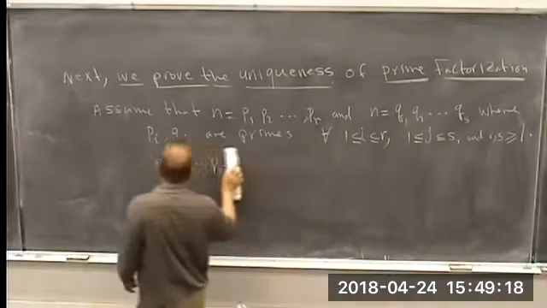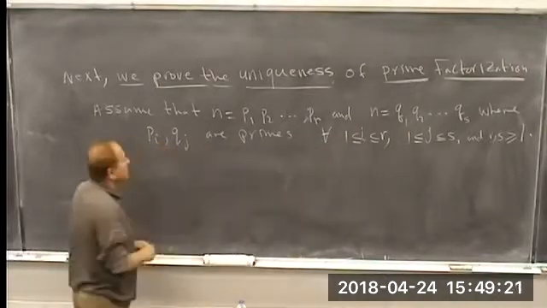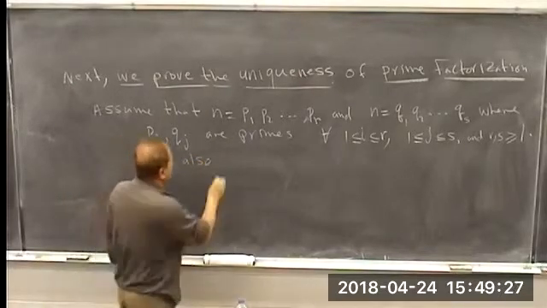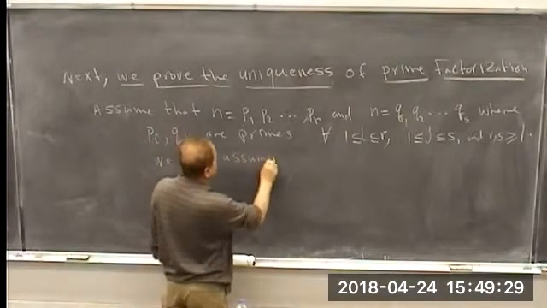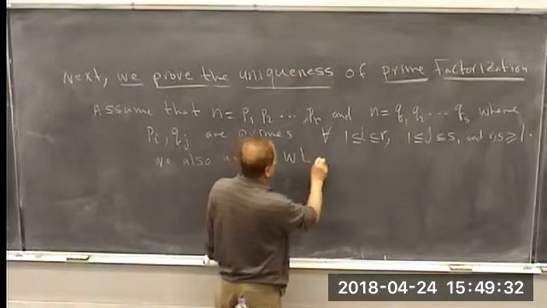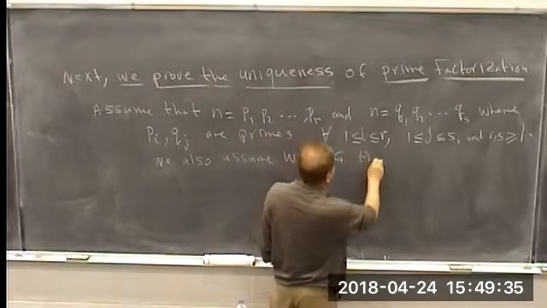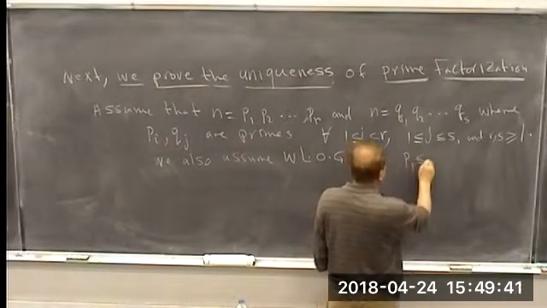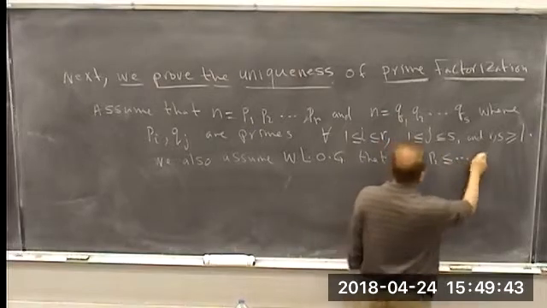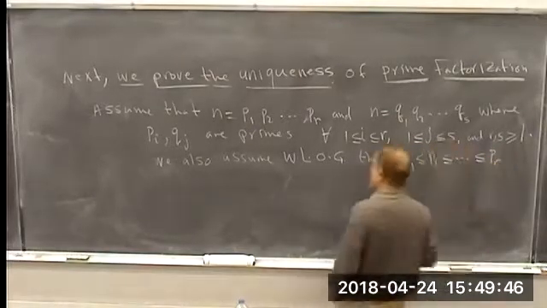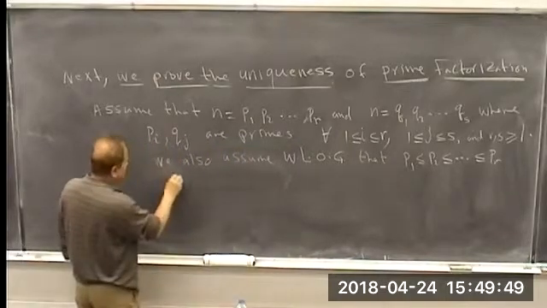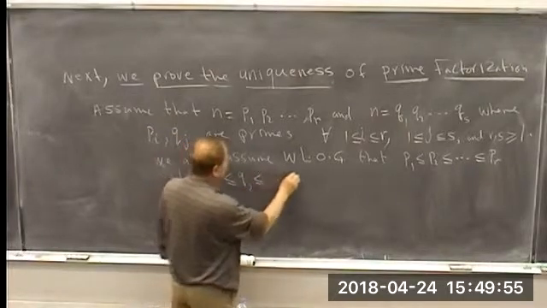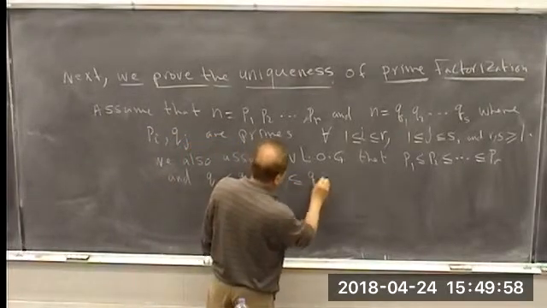We assume that the P's are ordered according to their magnitude, starting with P1 less than or equal to P2, and so on up to Pr, and the Q's are ordered in a similar way.